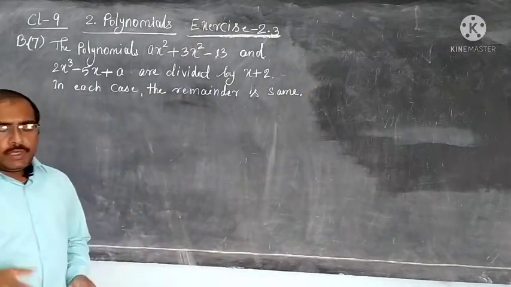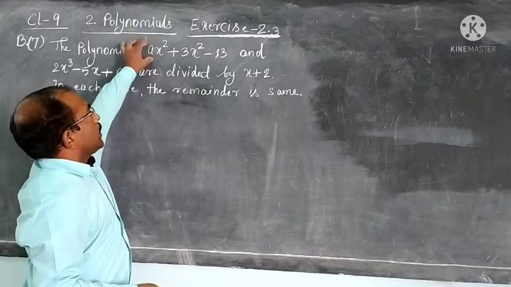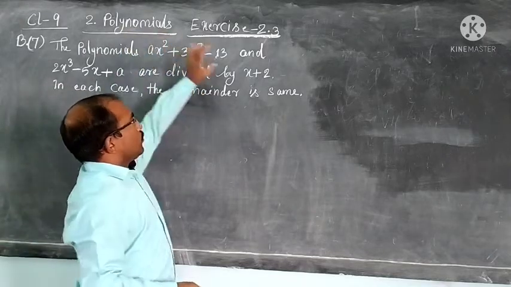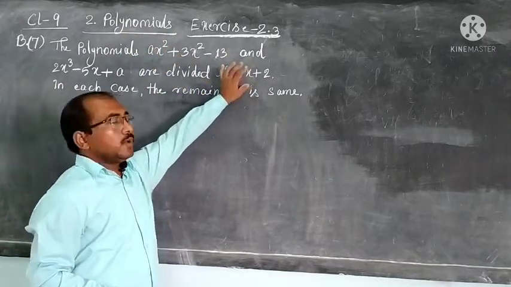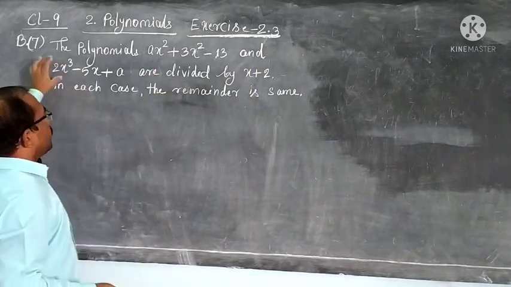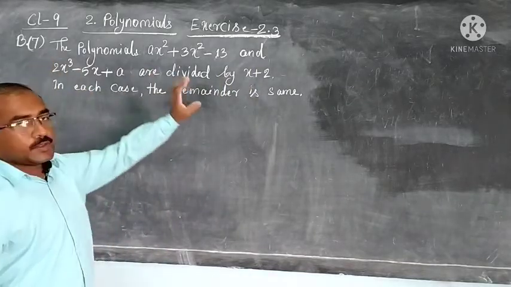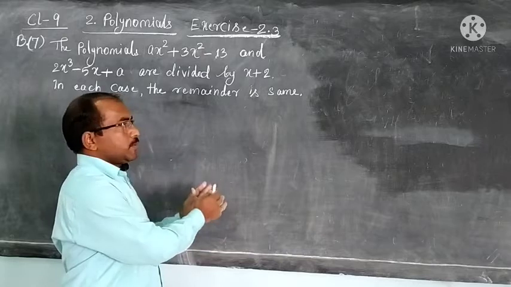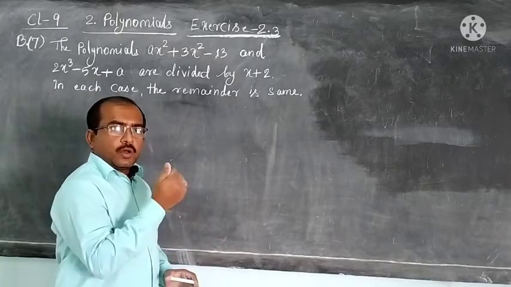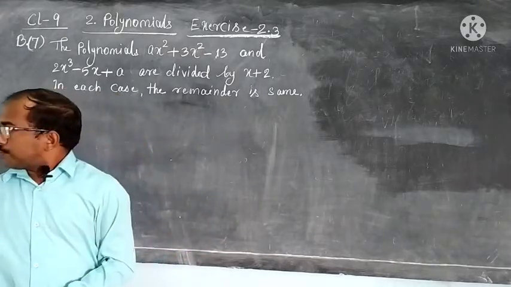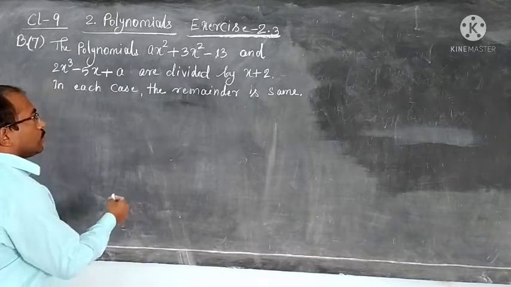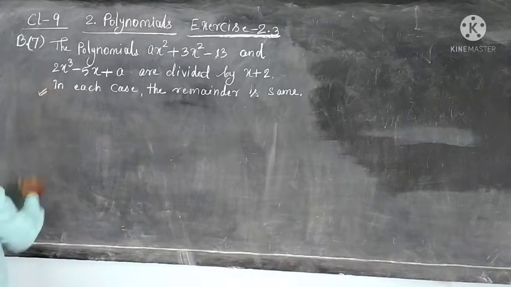We can do it in a different way: find the remainder when the first polynomial is divided by x plus 2, then find the remainder when the second polynomial is divided by x plus 2, and then as per the question make them equal, or we can go together also. So, we can go with this condition, in case the remainder is the same.